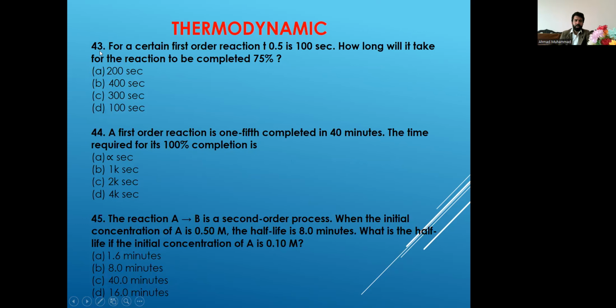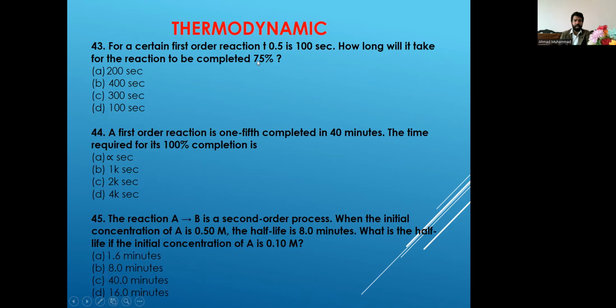For question number 43, for a certain first order reaction, the time is 0.6 is 100 second. How long will it take for a reaction to be 75% completed? 200 second, 400 second, 300 second, and 100 second.